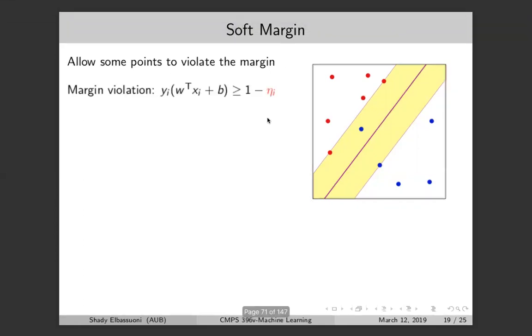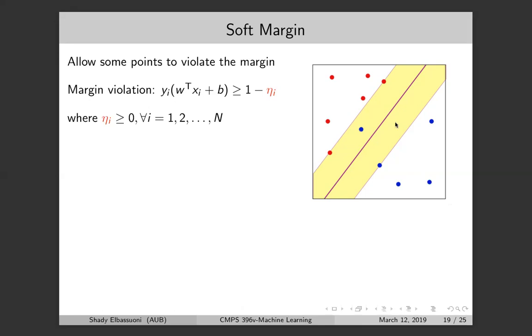Okay, so margin violation, how do I represent this? Before we had something like this: Yi W transpose Xi plus B is greater than or equal to 1. We didn't have minus eta I. So I add minus eta I. Let's see what this means. This eta I is greater than or equal to 0, so it's a positive value, or 0. So why does this correspond to a margin violation?